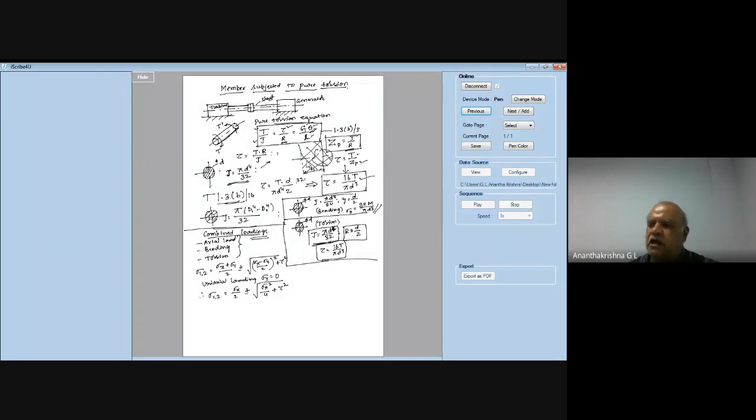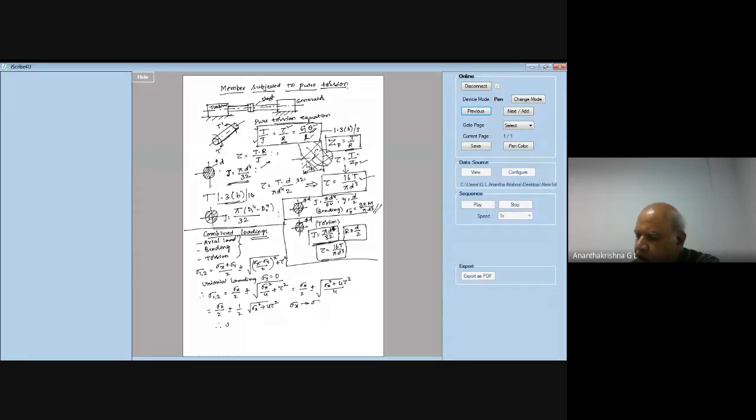I can rewrite this as sigma x by 2 plus or minus root of sigma square x plus 4 tau square by 4. I take the 1 by 2 out, so what I get is sigma x by 2 plus or minus 1 by 2 root of sigma square x plus 4 tau square, and I replace sigma x by sigma.